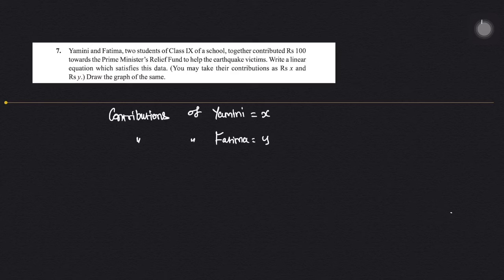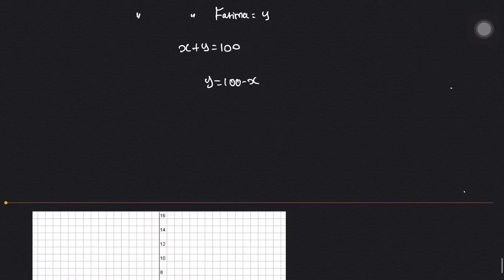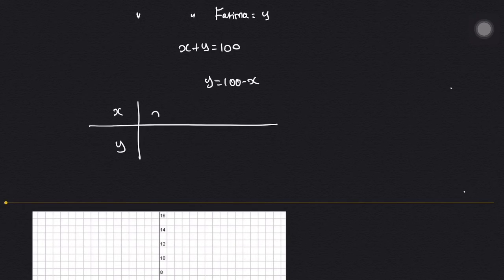Together they contribute 100 rupees, so x plus y is equal to 100. This is the given linear equation, but we need y, so y is equal to 100 minus x. Let us make a table of x and y. If x is equal to 0, substituting the values, y is 100.